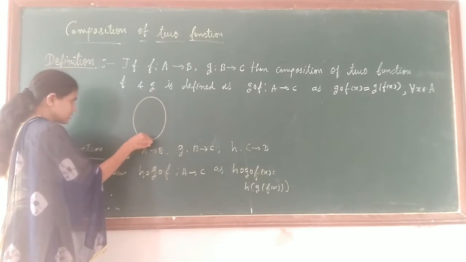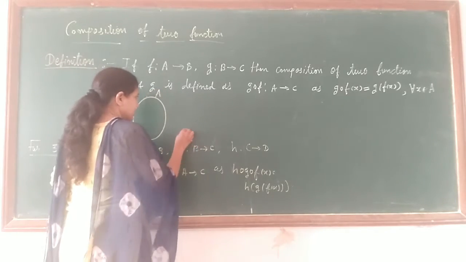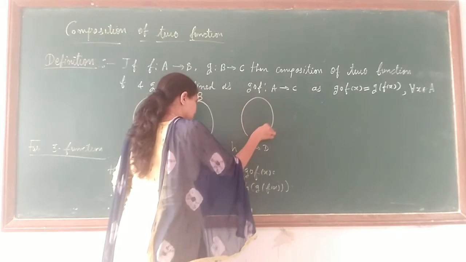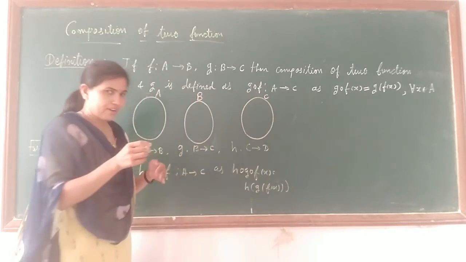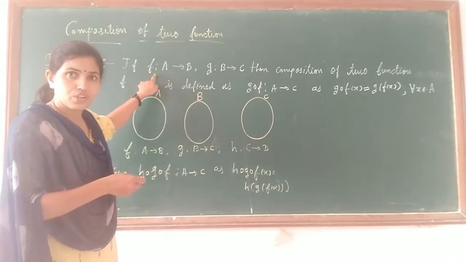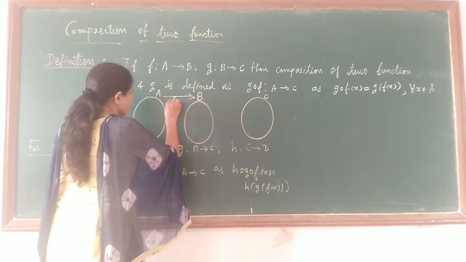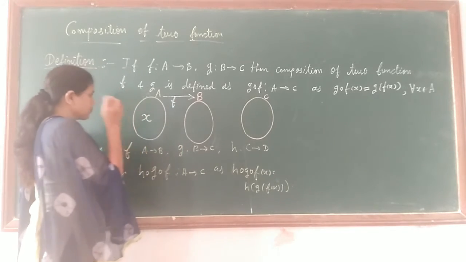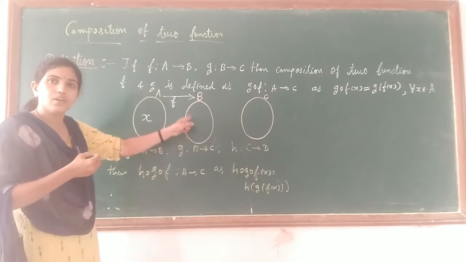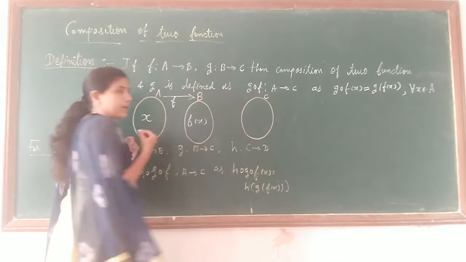Here you can see, students, this is the set A, then another set B and another set C. Now you understand why I have taken three sets A, B and C: f is a function from A to B. Suppose an element x is here in A, then how does it go to B under f? Its image will be f of x.